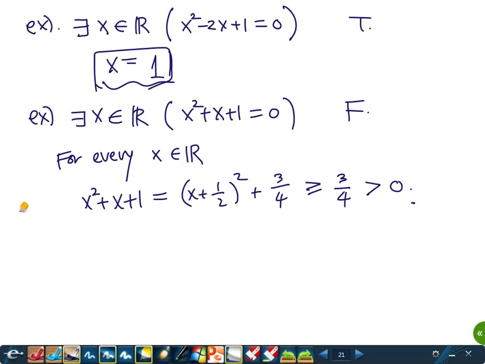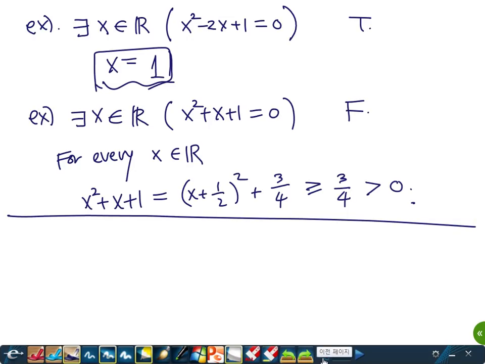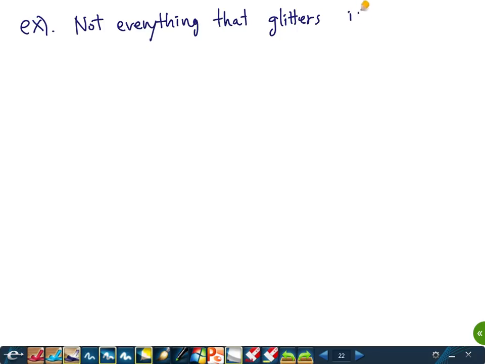Okay, let's use the previous theorem. This very famous sentence: not everything that glitters is gold.